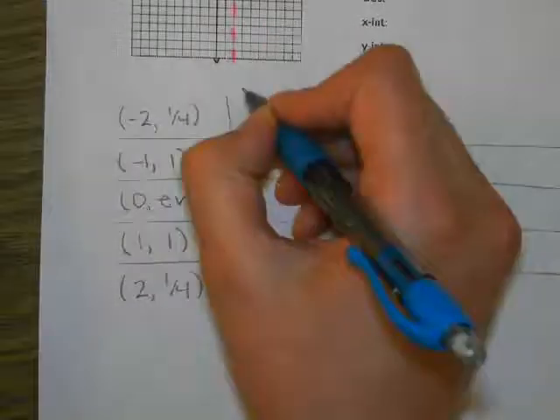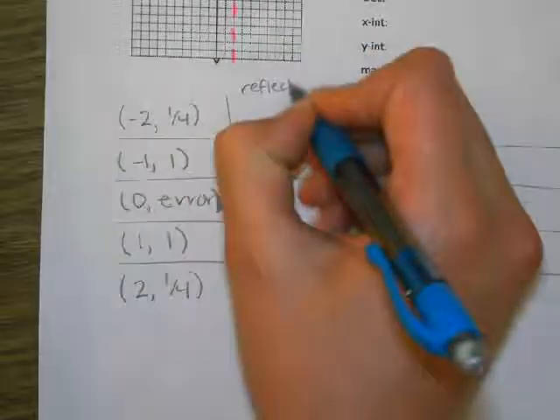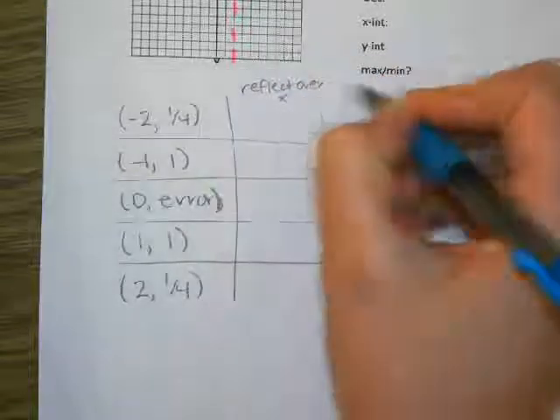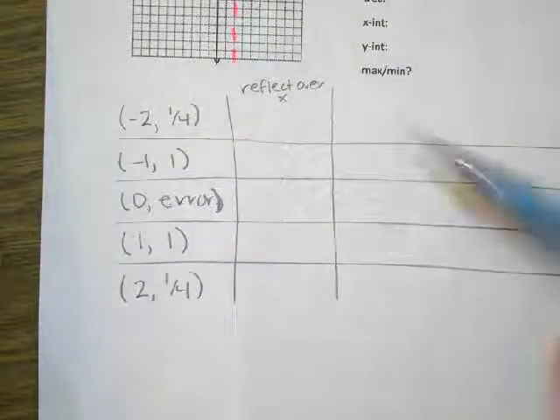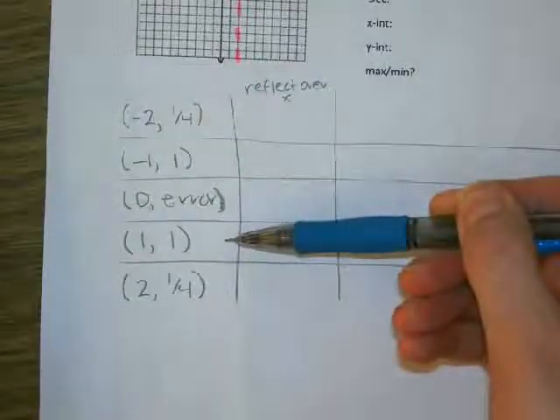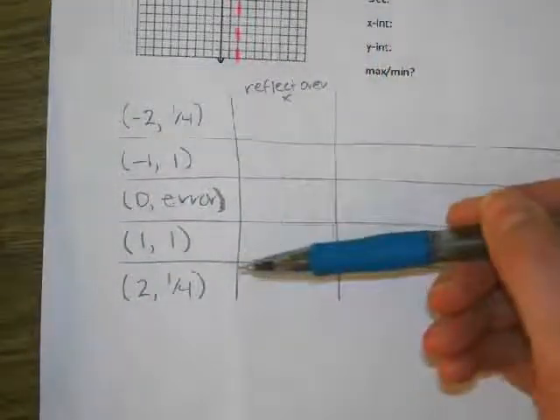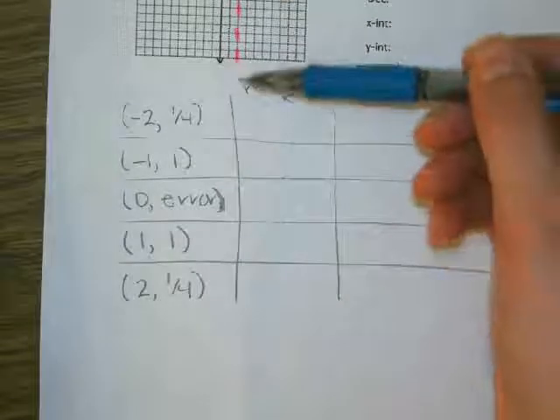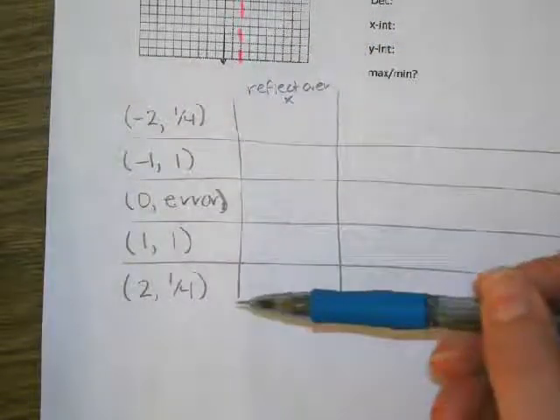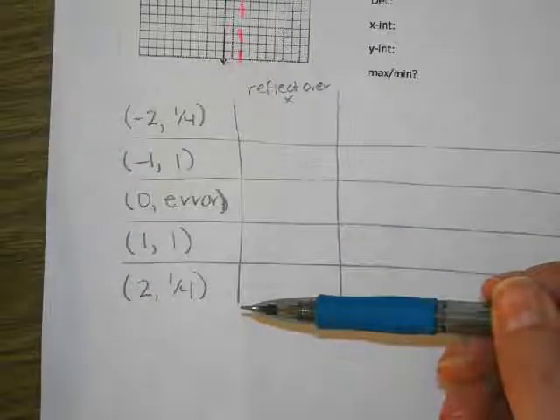Reflect over x. Okay, so in my table, I'm going to say reflect over x. Anyone remember what we do to the point if we're reflecting over x? We're taking something from up, moving it to down. We multiply the x or the y? The y. If you're reflecting over x, you're going from up to down, so that means you're making a vertical movement, which is the y coordinate.